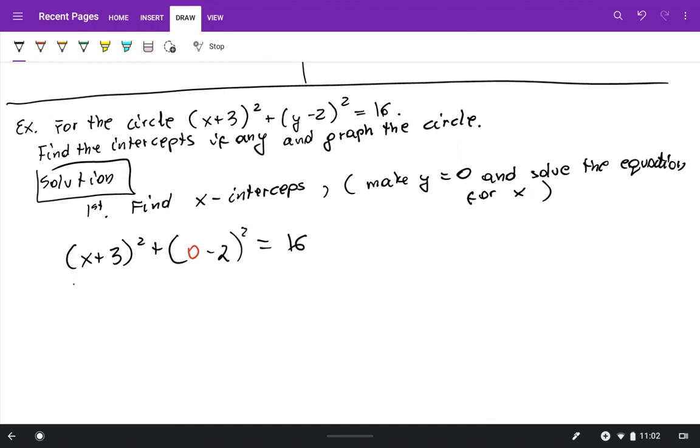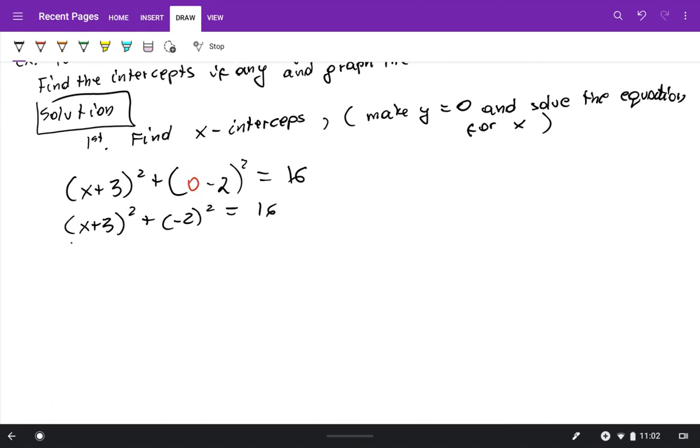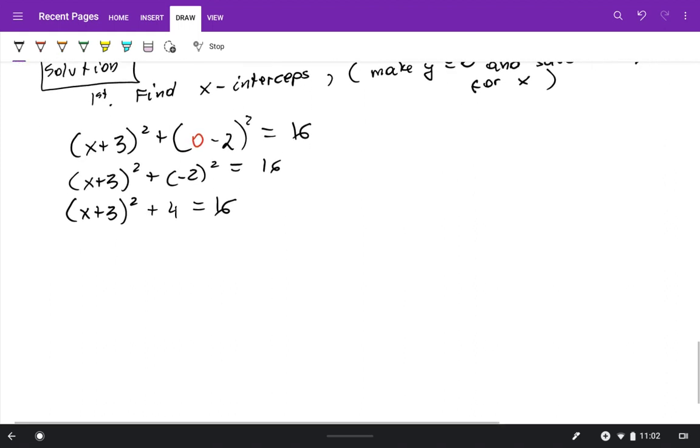So here I have x plus 3 squared plus 0 minus 2 is just negative 2 to the second power, equals 16. So that will give me x plus 3 squared plus 4 equals 16. And what I recommend, don't FOIL. The faster way to solve that will be just moving that 4 to the left side.